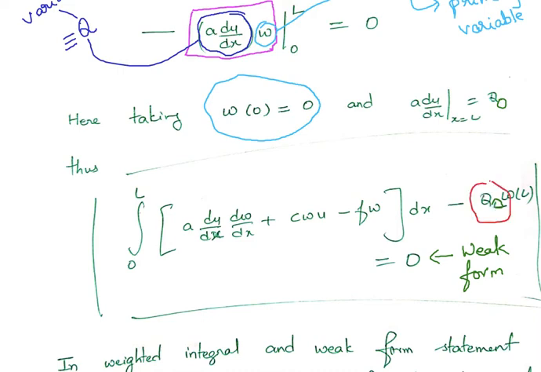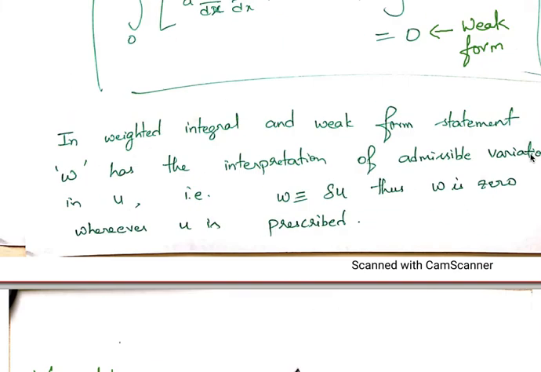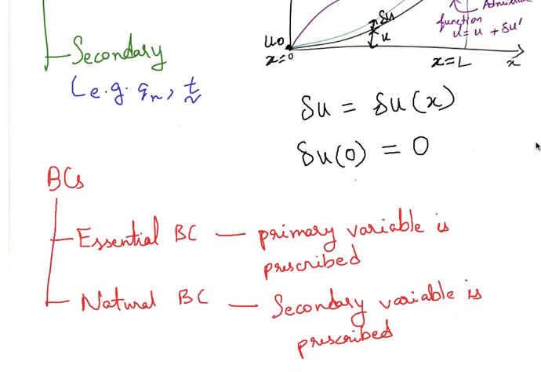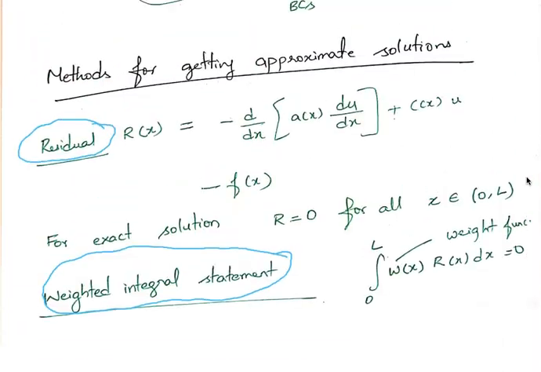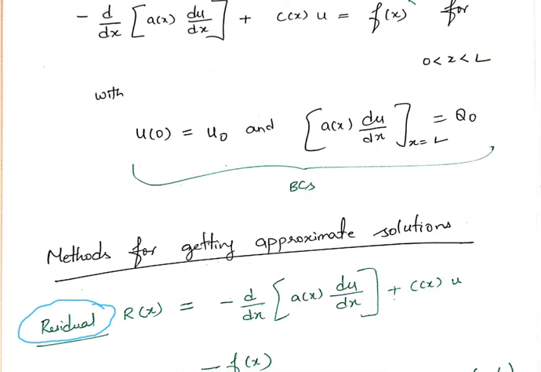So the natural boundary condition enters the weak form. Now in this particular problem, what kind of boundary condition do we have at x equal to 0, and what kind of boundary condition do we have at x equal to L?